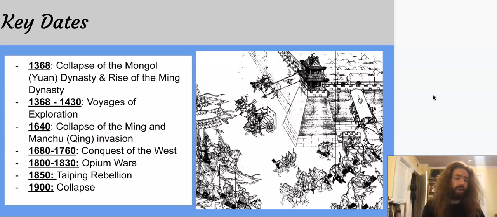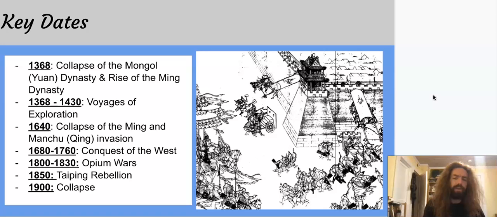These guys are known as the Manchu. When they invade, they come from a northeast region of China known as Manchuria. But after they establish themselves as a new dynasty, they adopt the name the Qing. Much like the Mongols adopted the name Yuan when they came in and conquered China, the Manchu adopt the name Qing when they come in and invade.